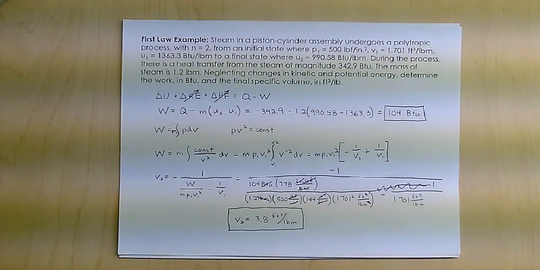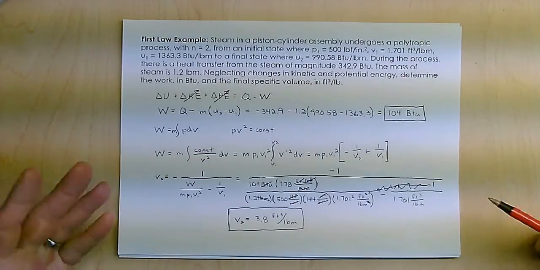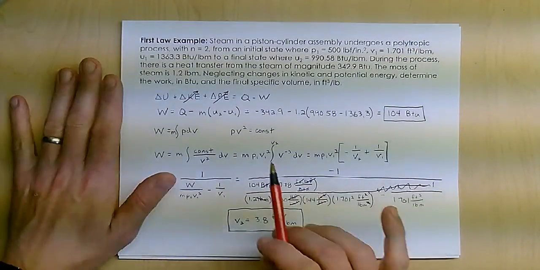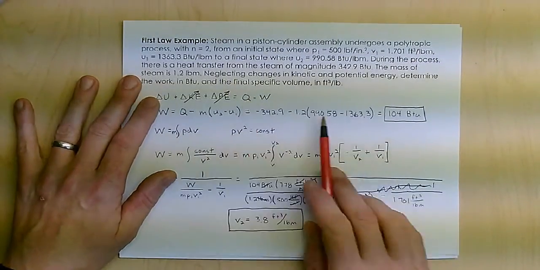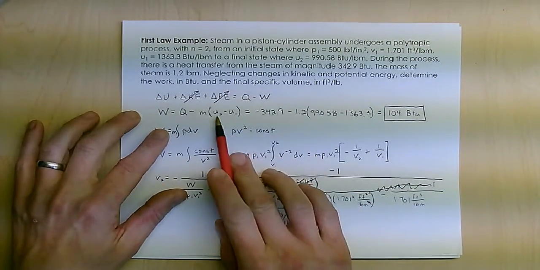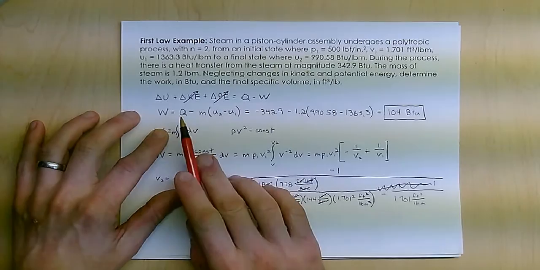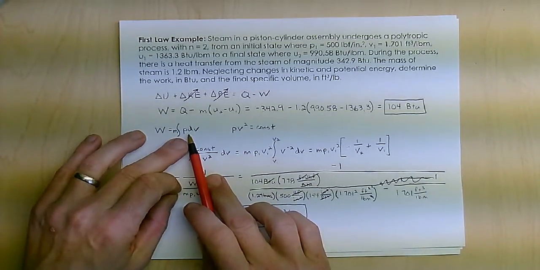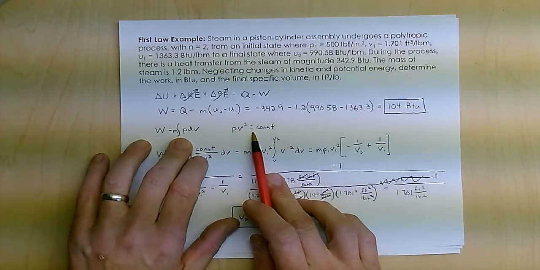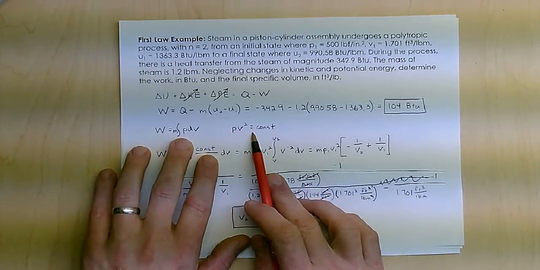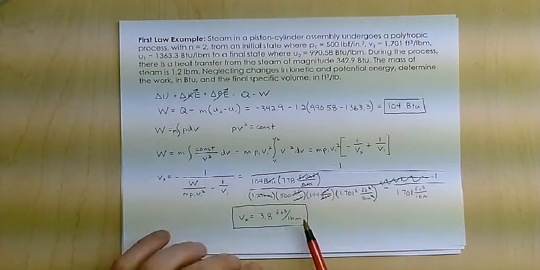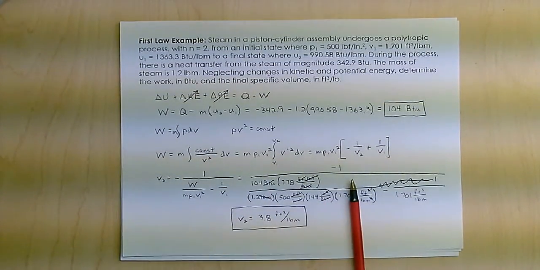And that basically leaves me with cubic feet per pound, which is what I'm looking for when I'm looking for specific volume. But more importantly, using my first law, I can find my work knowing my internal energies and my heat. And once I find work, knowing the polytropic process that I have here, I can solve for the final specific volume using that relationship for work.